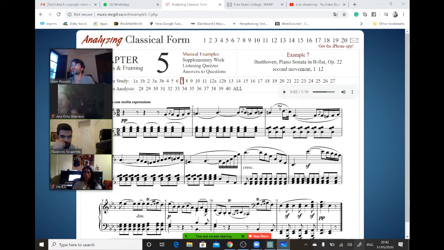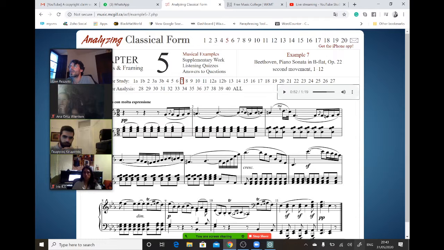Closing section. You know that you need to reach a closing section now. I very comprehensively explained that. A closing section can happen after a perfect authentic cadence, or eliding with a perfect authentic cadence. We're going to see the example by Mr. Kaplan, and we'll see what he wants to tell us.